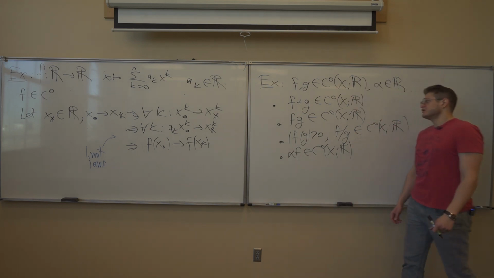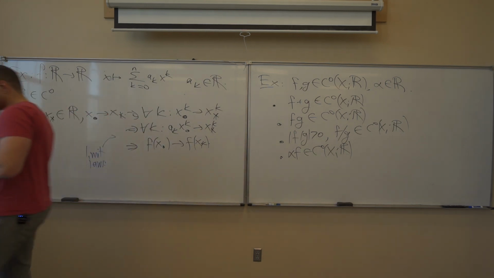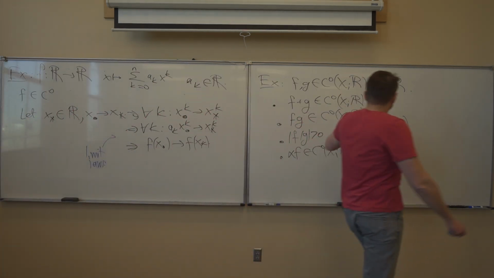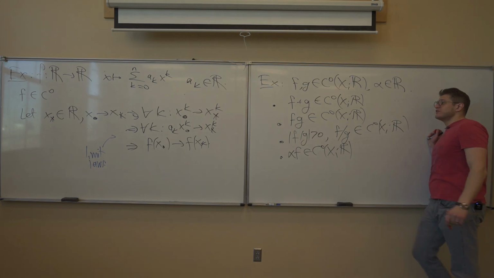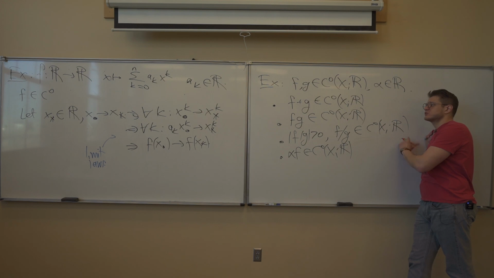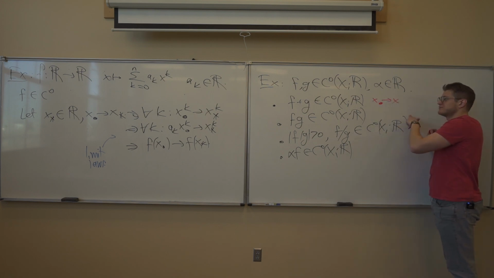What you do is, I'll take a sequence that converges. Let's say, for instance, for this guy. You want to prove the continuity of f plus g. That means that it should preserve the limits of convergent sequences. So take a sequence that has a limit, let's say x star.